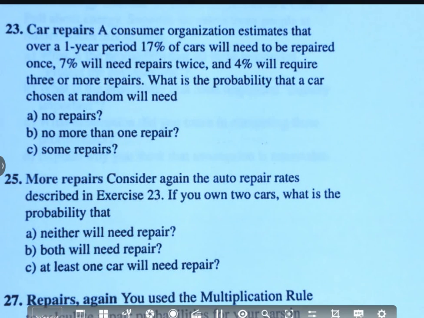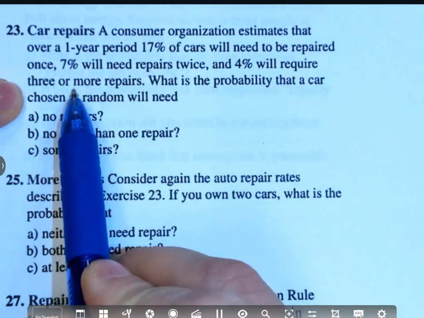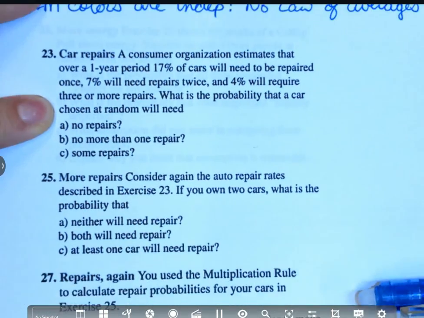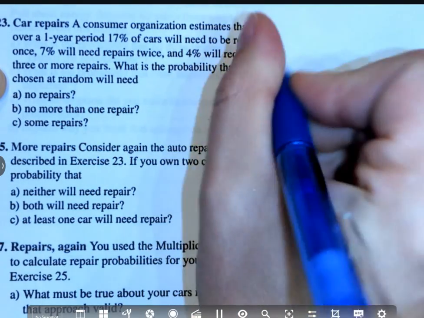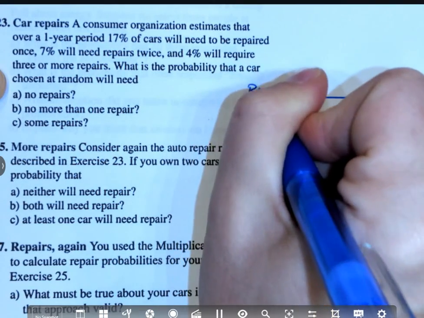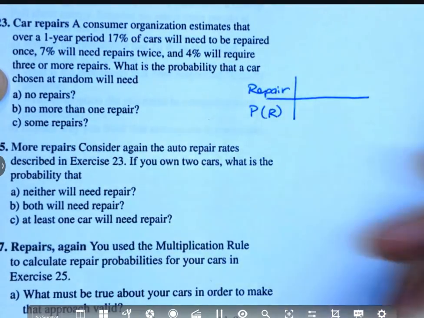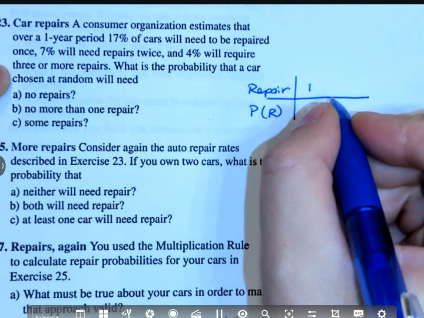All right, in order to answer these problems, you need to first think along the lines of what category you would fall into, seeing how we broke this down into once, twice, 3 or more. Sometimes what we like to do here is to actually draw what are called probability models. So we'll say repairs, and we'll say probability. And so they list out once is what percent?